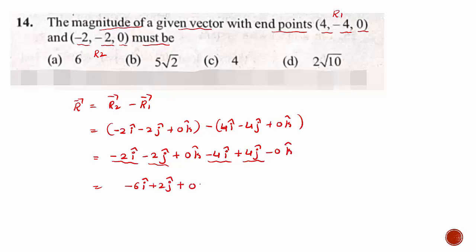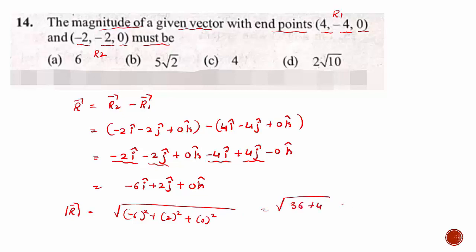Remaining is 0 k cap. I want the magnitude of vector R. Magnitude means root of minus 6 square plus 2 square plus 0 square. What is the answer? We will get 36 plus 4, that is root of 40. Root of 40 is 2 root 10. 2 root 10 means option D is the right answer.